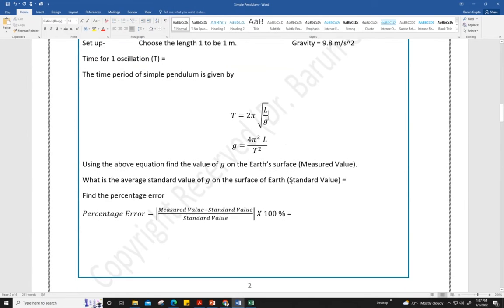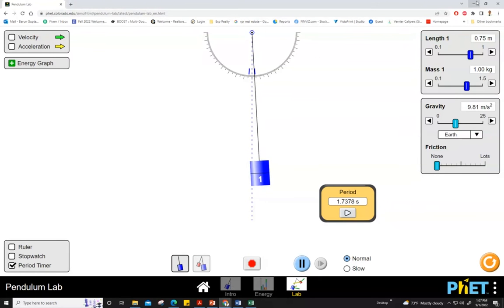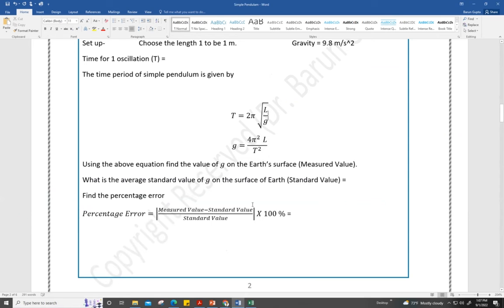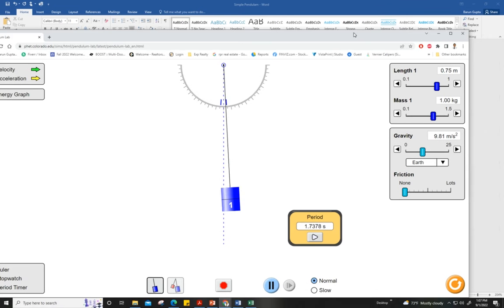So now we know all the parameters here. We know 4 pi squared is a constant, L in this case is 0.75 meter. And the time period in my case is 1.73.